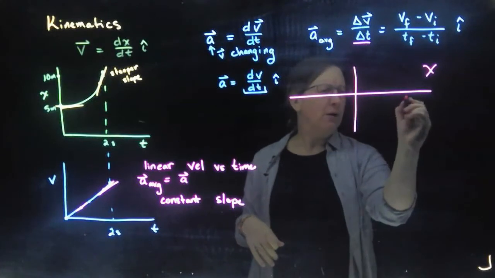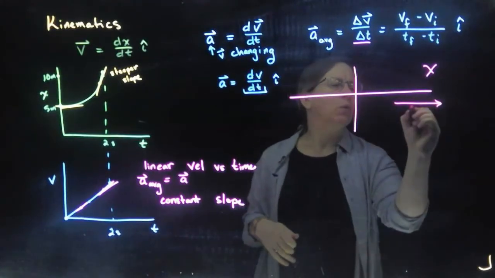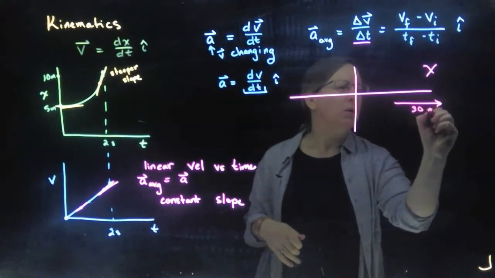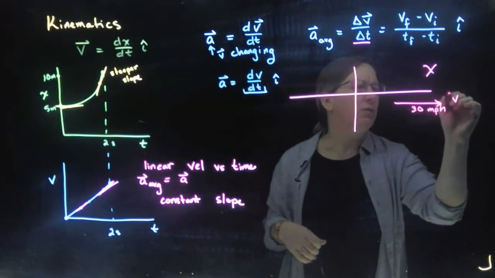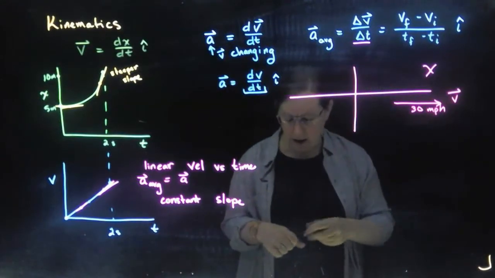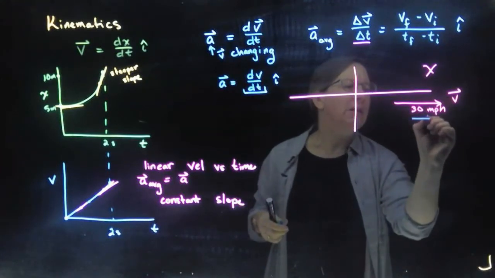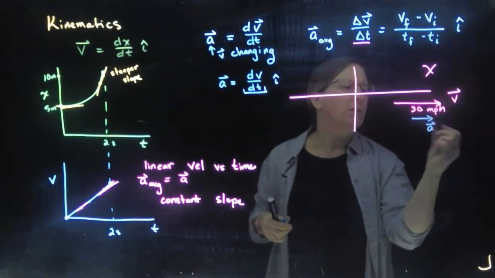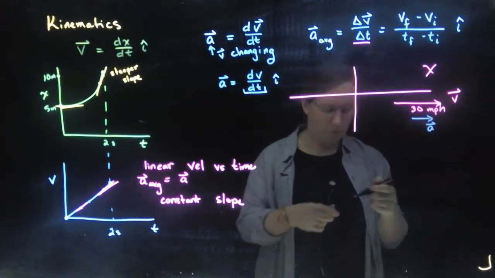And if we're going, say, to the right on this graph, say we're going 30 miles an hour, and we're speeding up, so this is the direction of the velocity, and we're speeding up, then the acceleration is going to be in the same direction. So in both of these cases, they're both going to be positive.